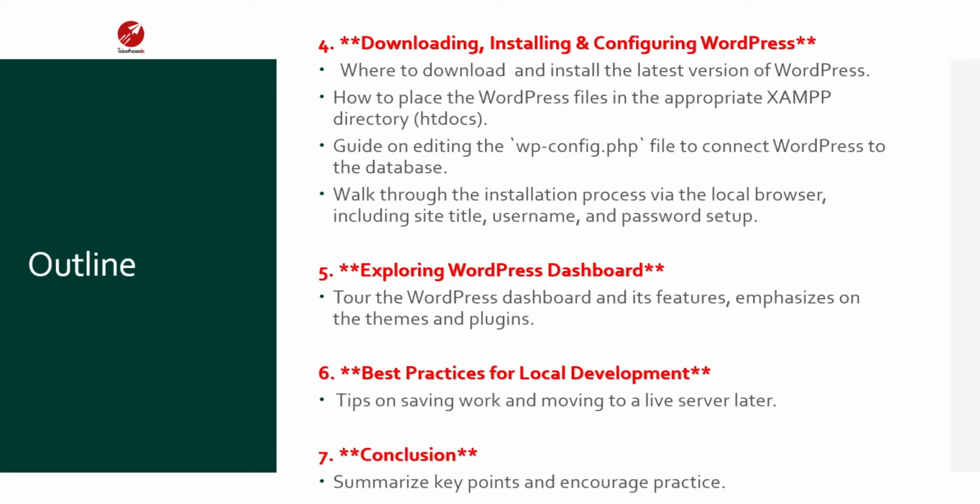Then apart from that, we'll also be downloading, installing and configuring our WordPress, such that we'll download the latest version, install it, then also place the WordPress file in the appropriate XAMPP directory, that is in the XAMPP itself, and that folder will be htdocs. So when we get there, you will see how it is done.